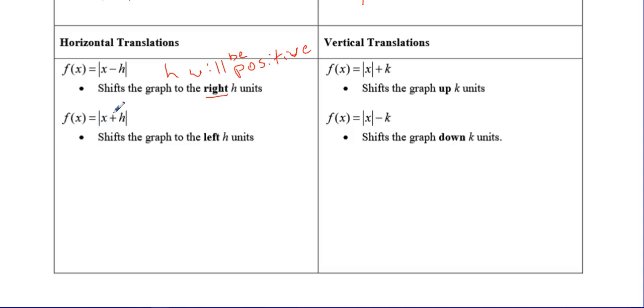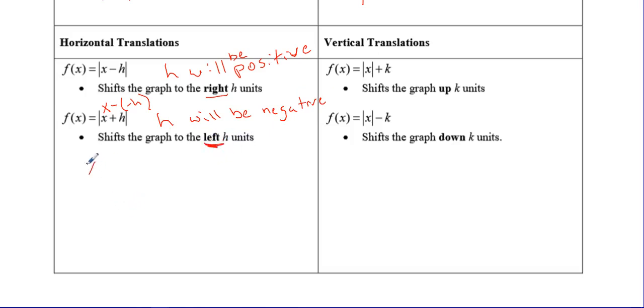Whereas here it's x plus h, because that simplifies to x minus negative h, right? X minus negative h. So that's minus and negative is plus. So that way h will be negative. And we know that negative numbers go to the left. All right?